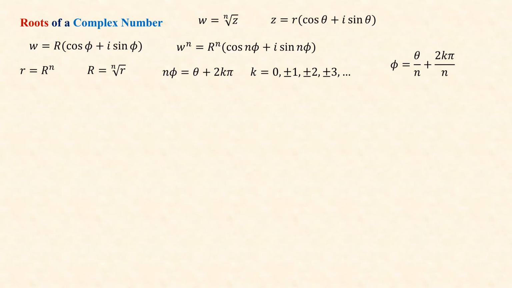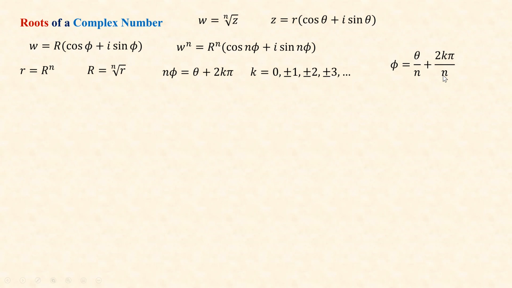So if you solve for phi, it becomes theta over n plus 2k pi over n. If k is 0, you have theta over n. That's the first root. If k is 1, you add 2 pi over n, then 4 pi over n and 6 pi over n and so forth.